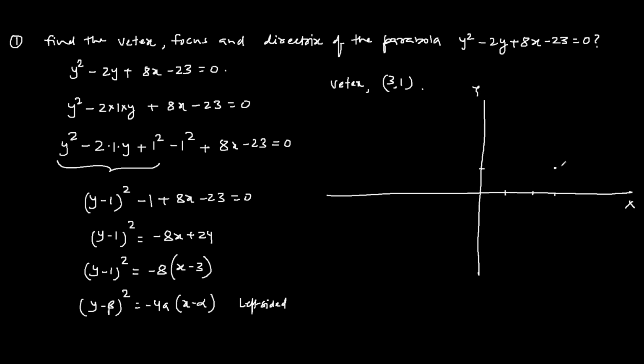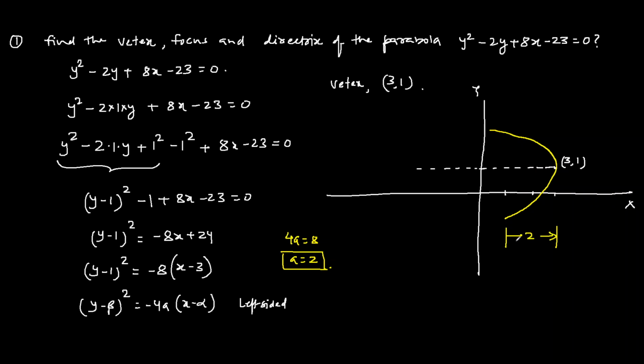So this point is the vertex 3 comma 1, and this parabola is a left-sided parabola. It means it goes like this. This is the parabola, and 4a is 8. It means the value of a is 2. So the distance of focus from the vertex is 2. So this distance is 2.